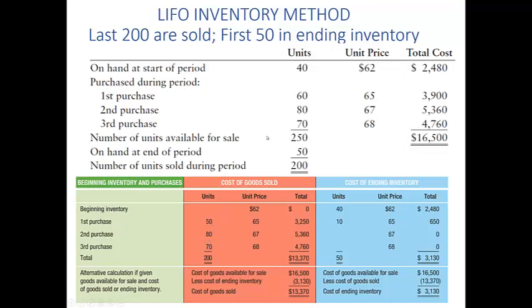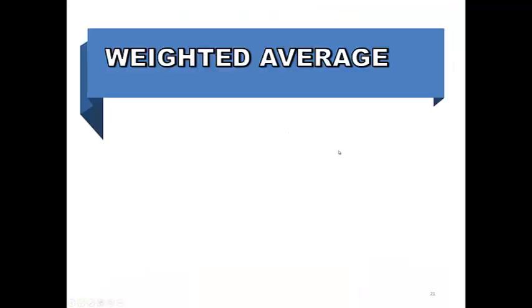So I know I need 50 more from this purchase. So 50 at 65 will give me 3,250. I'll add the totals and come up with 13,370. And I want to make sure that my math is good by testing it, taking the cost of goods sold plus the ending inventory to make sure I'm coming up with my total cost.